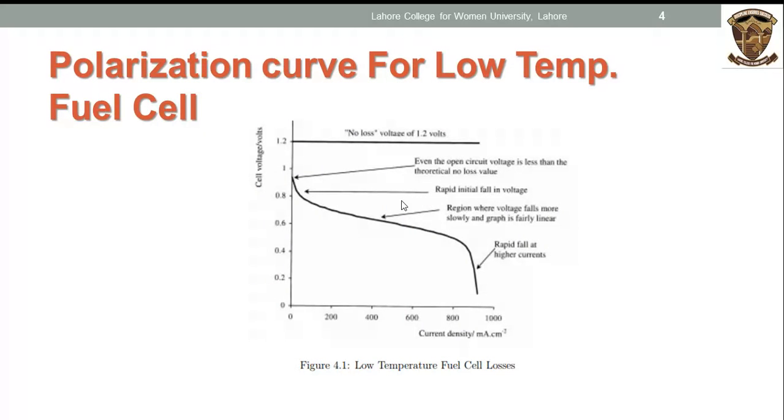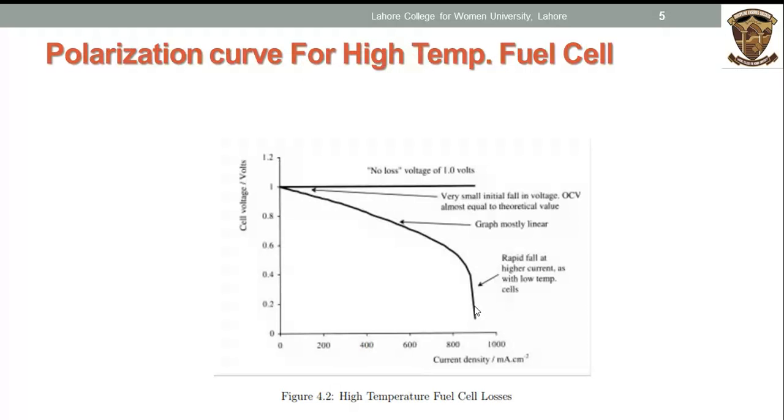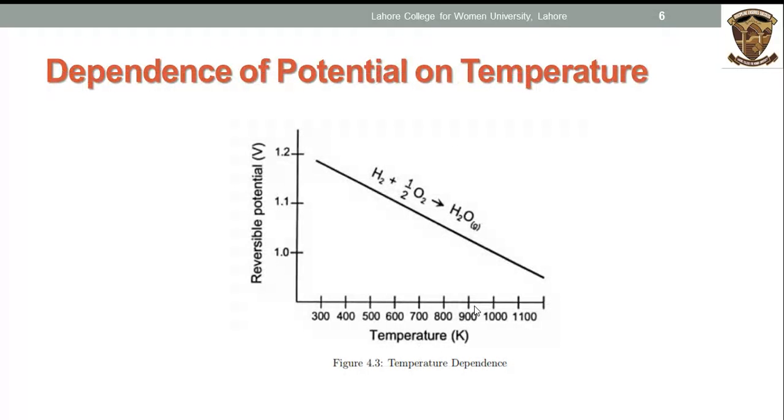So in the start from here, there is a 0.3 volt loss in the open circuit voltage, and then again there is a 0.2 volt loss here in the low current density range. This is the low current density range, and next is the high current density range. Okay, so this is a big difference.